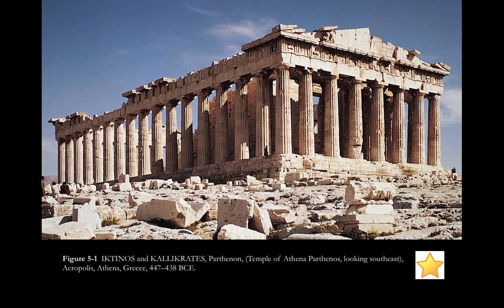Everything about it is extra. It's more straight. It's more balanced. It's more symmetrical than anything that was actually quote unquote balanced or symmetrical. This is the epitome of the Greek search for perfection that we see in all of their art and architecture.